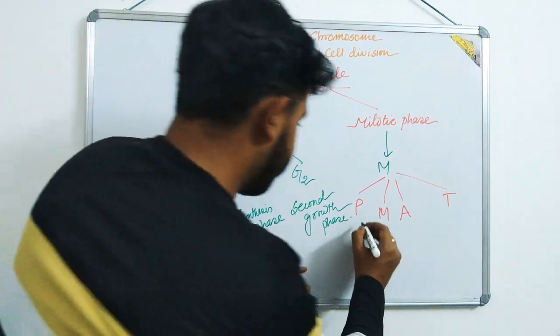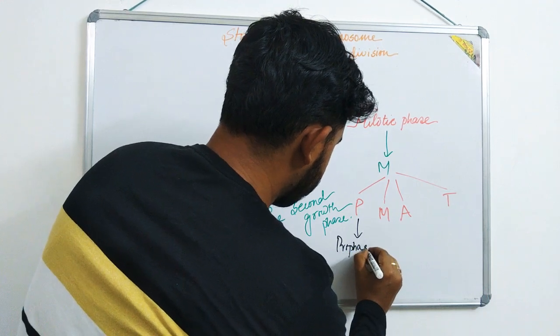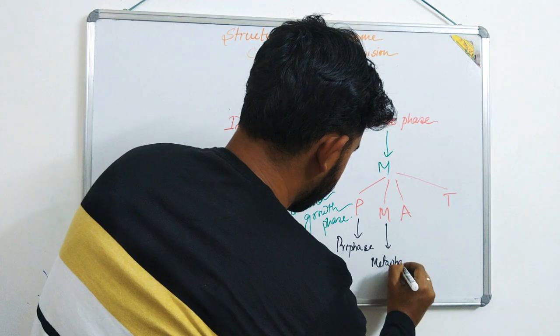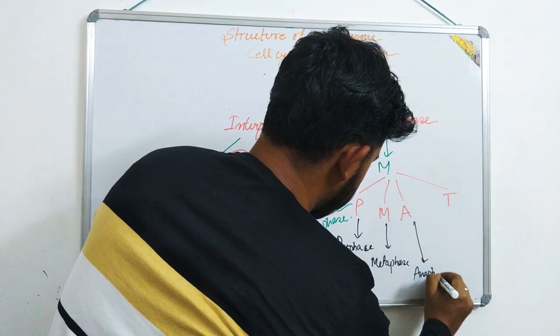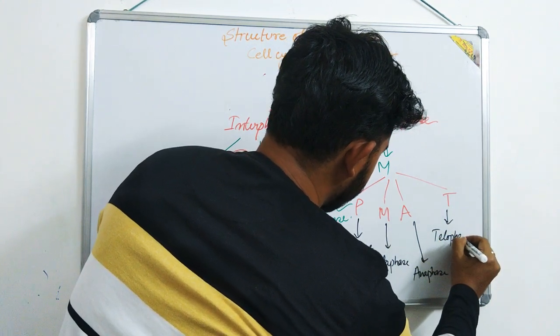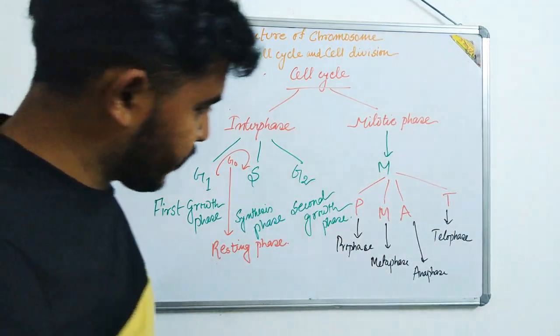P means prophase, M metaphase, A anaphase, T telophase. Prophase, metaphase, anaphase, telophase.